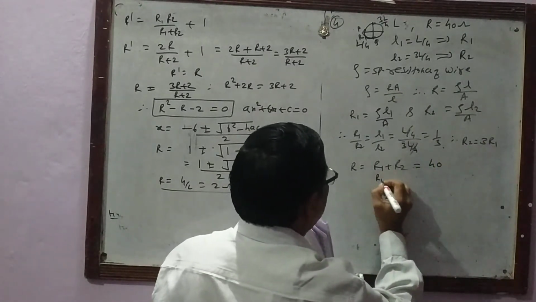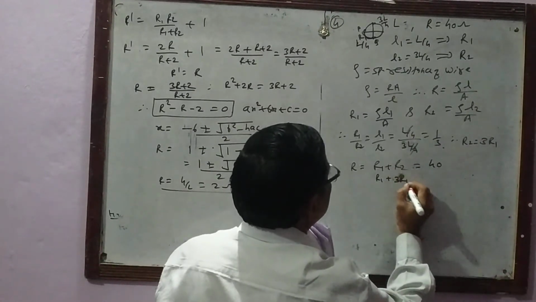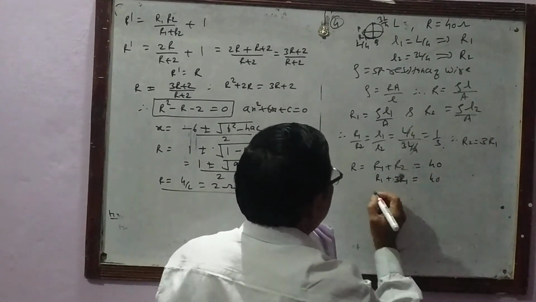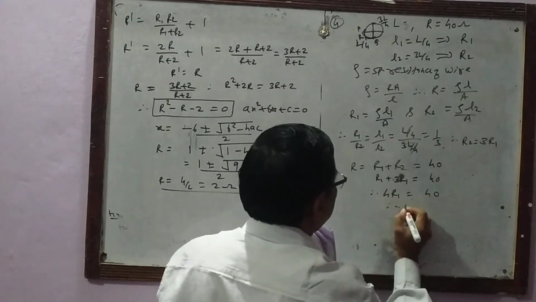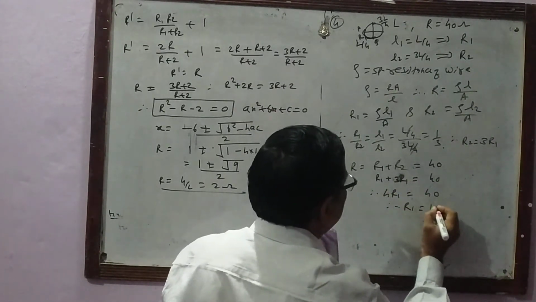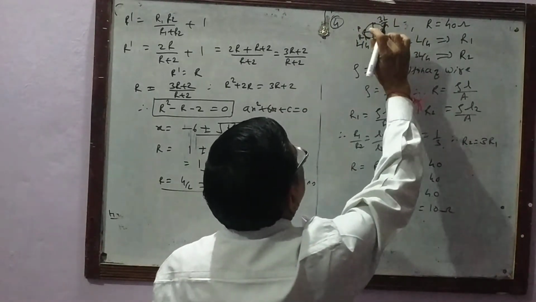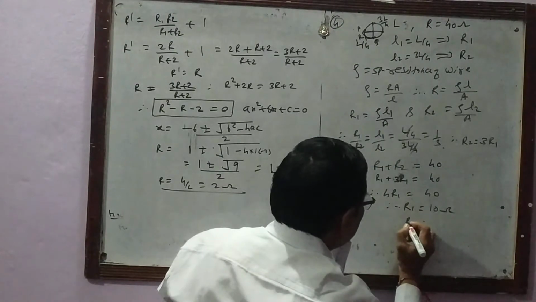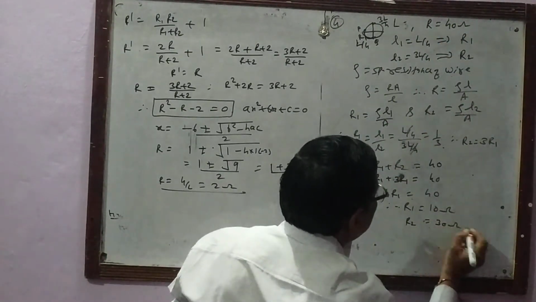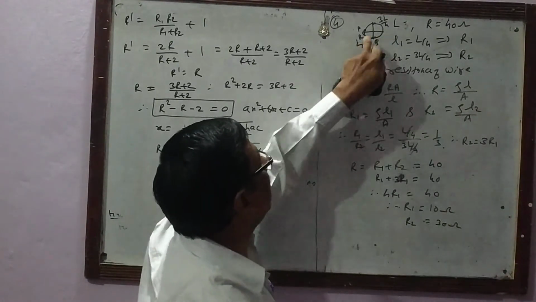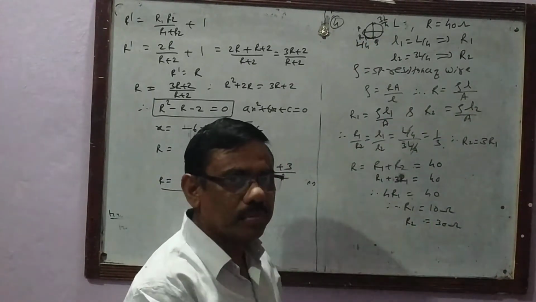So R1 plus 3R1 is equal to 40, therefore 4R1 is equal to 40, and R1 is equal to 10 ohm. This piece has resistance 10 ohm, and since the total resistance is 40, R2 must be 30 ohm. So these two segments have resistance R1 and R2 of 10 ohm and 30 ohm.